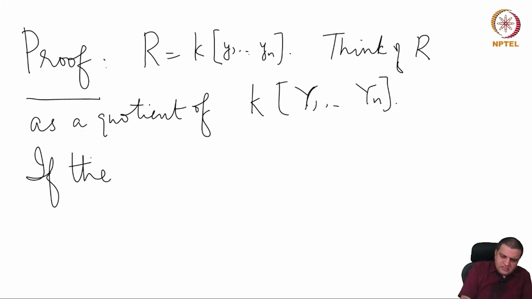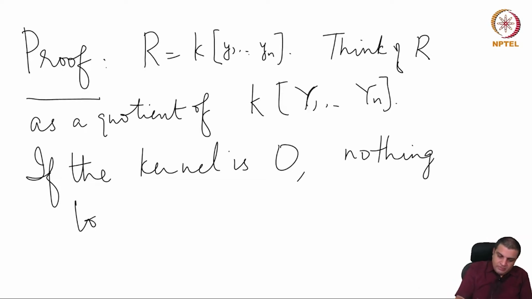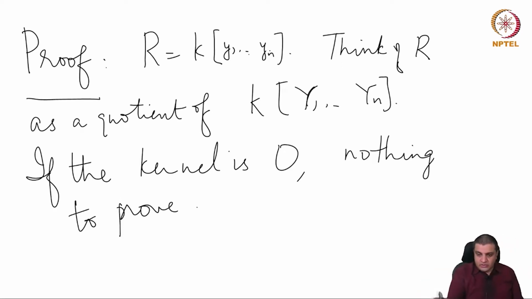So all of this is the same approach from the last time. If the kernel is 0, then there is nothing to prove, because then this itself is a polynomial ring and it is finite over itself. Okay, so that's nothing to prove.